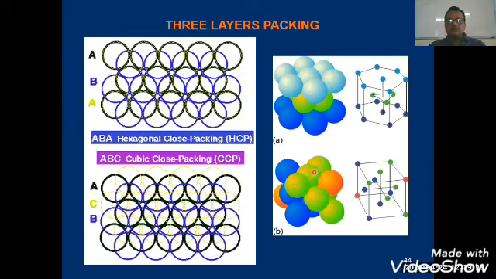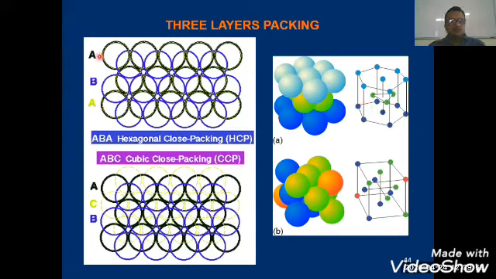This is a unit at the center of the face. Again, this is a unit at the corner, 1, 2, 3, 4, and this unit is at the center of the face. So cubic close packing will provide you FCC unit cell, and hexagonal close packing will provide you hexagonal unit cell.